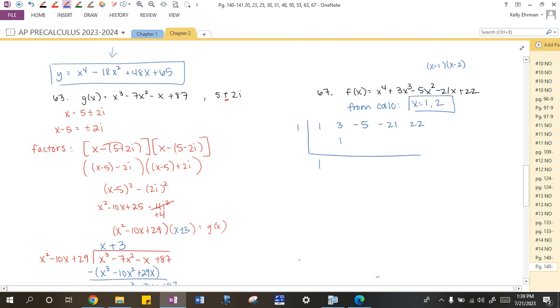So we run through our synthetic division. And remember, we should get 0 in the remainder position. Remember that synthetic division, you don't have to label these, but we've just divided f of x by x minus 1. We got down to this cubic. So now we're going to take this cubic and divide it by x minus 2.